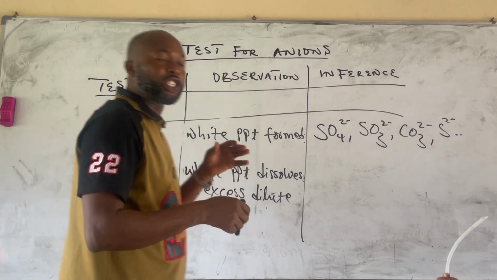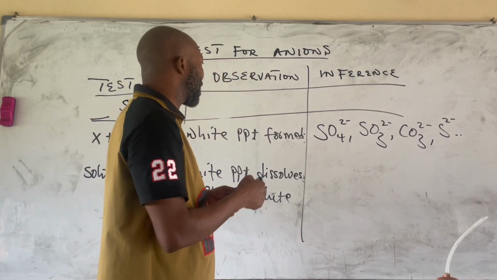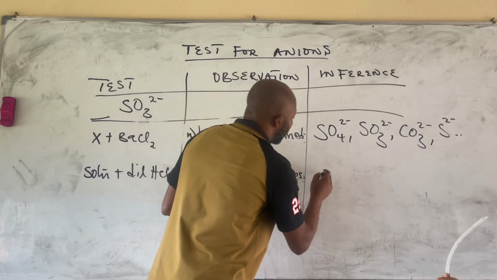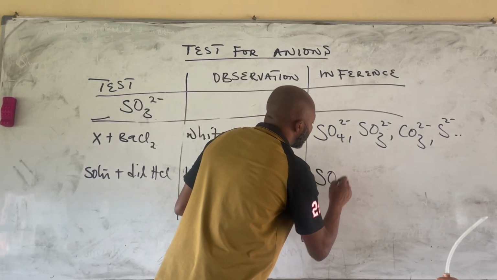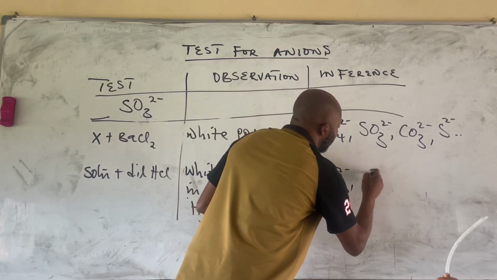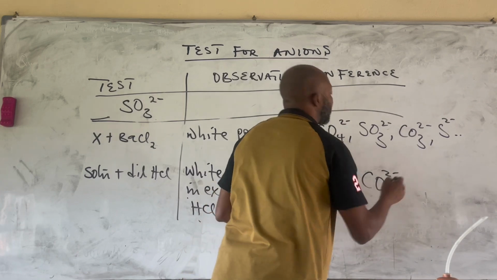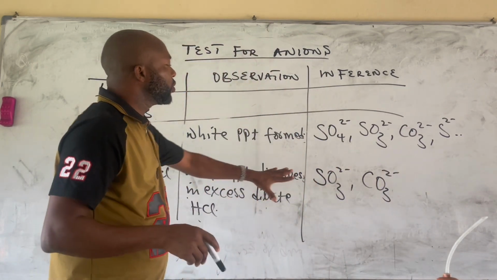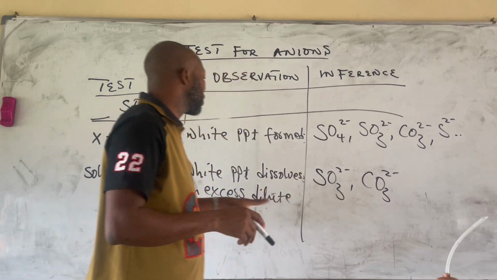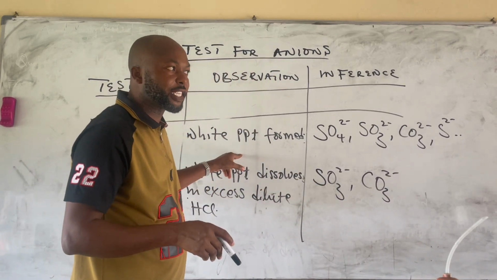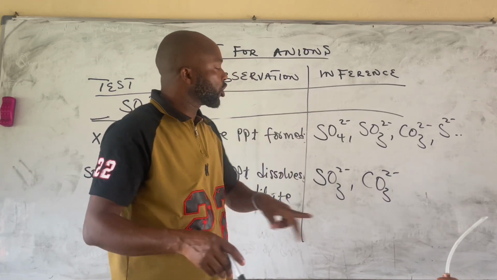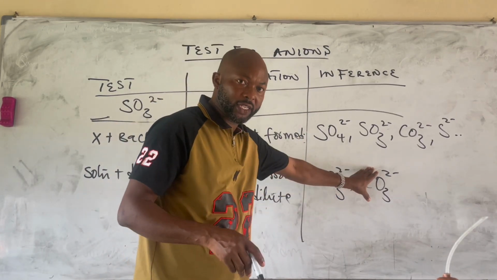Now, because it dissolves in excess dilute hydrochloric acid, it streamlines our inferences to be SO3 2 minus, CO3 2 minus probably present. Now, these two anions are soluble in excess dilute hydrochloric acid. We need to carry out a test to confirm whether it is this or this.